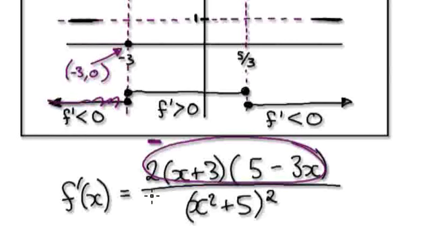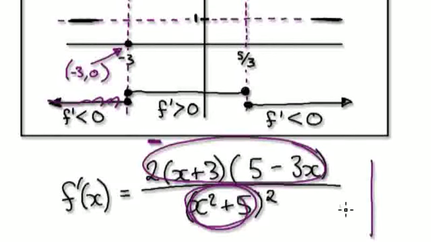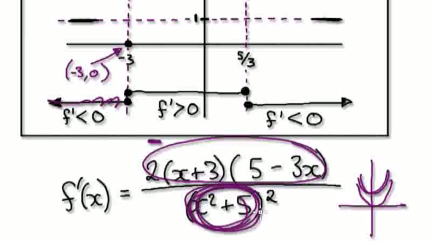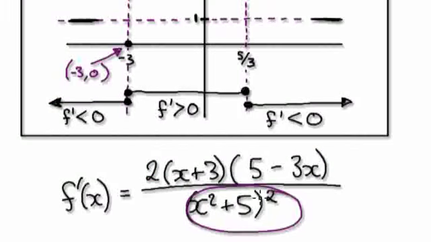Looking at this bubble here only, if you draw that graph, x squared looks like this, and x squared plus 5 will look like this. You see, this bubble will always be positive. And when you square a positive number, the whole thing will always be positive.